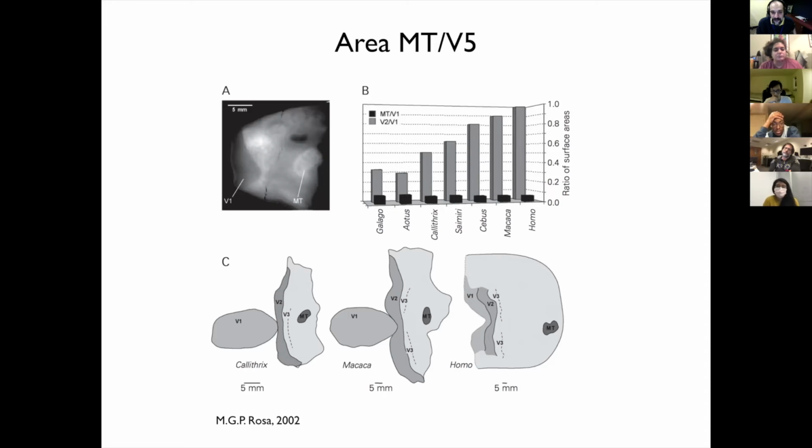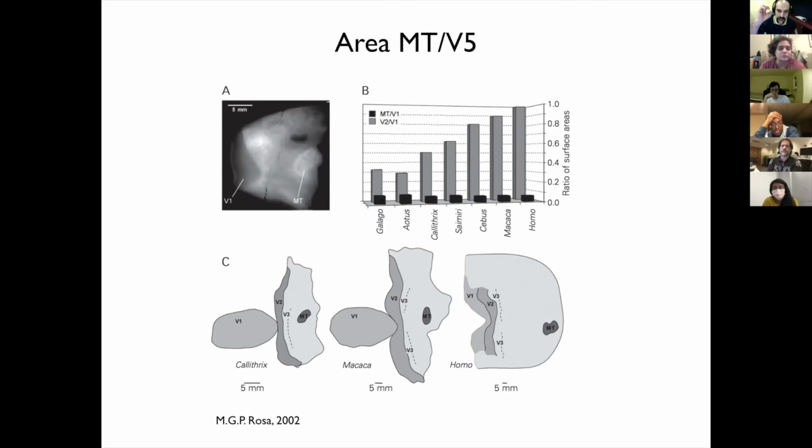If you look at the animal phylogeny, you see this interesting thing. This is marmoset. That's V1. That is MT. That is area V2. This is human. So look at that. The gray bars are the V2 to V1 ratio, how much bigger V2 is relative to the size of V1. This one is the MT to V1 ratio, the dark one. As you see, V1 and V2 have grown as we go from marmoset to human, but MT has kind of stuck at the same relative size.